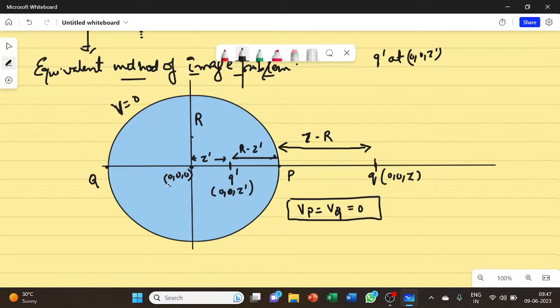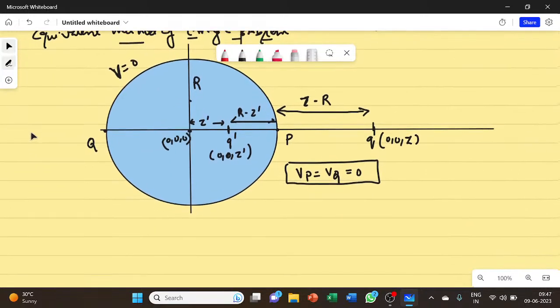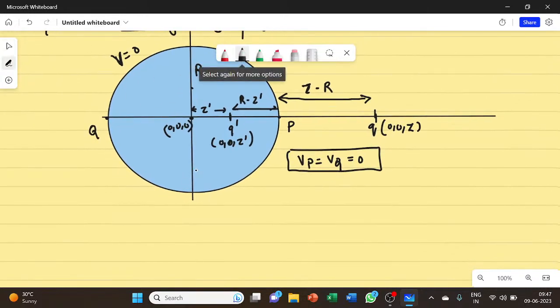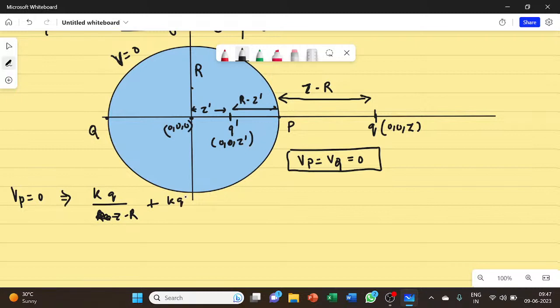Okay, so this is one thing. Now, what will be the potential at P? It will be 0, and it will be k q upon z minus r plus k q dash divided by r minus z dash.